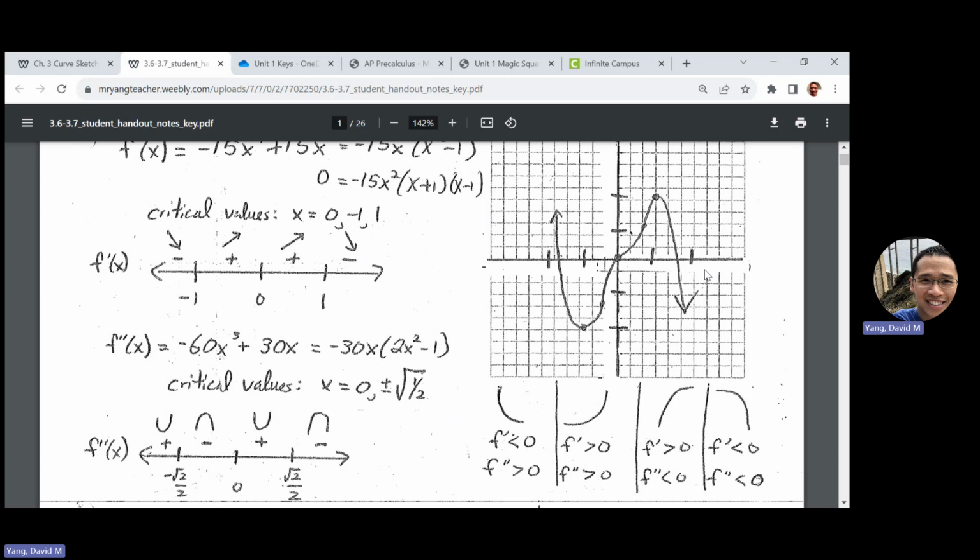Well, originally it's set equal to -60x³ plus 30x. That's what's confusing. Oh, these are the same, right? I just decided to clean up from here. This is still f double prime.